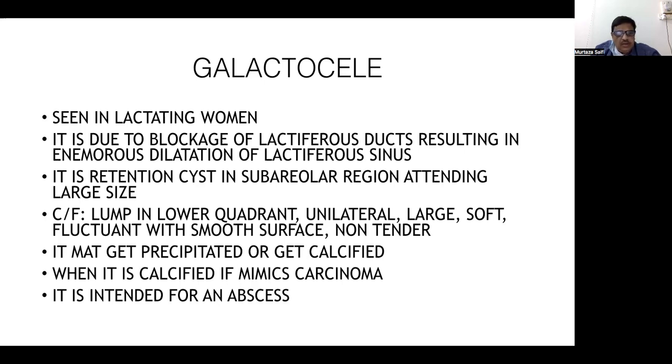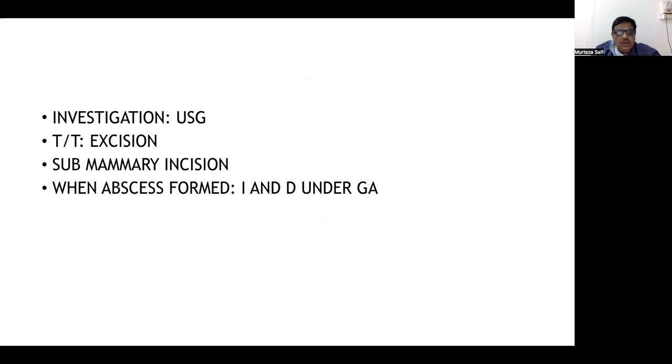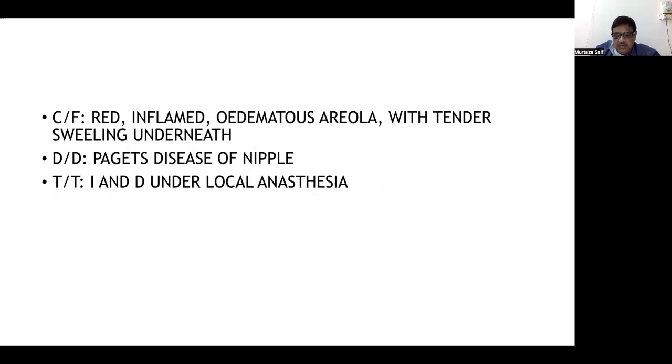It may get inspissated or get calcified. When it is calcified, it may mimic carcinoma. It may be mistaken for an abscess. Investigation: ultrasonography. Treatment is excision by submammary incision. When an abscess is formed, incision and drainage can be done.